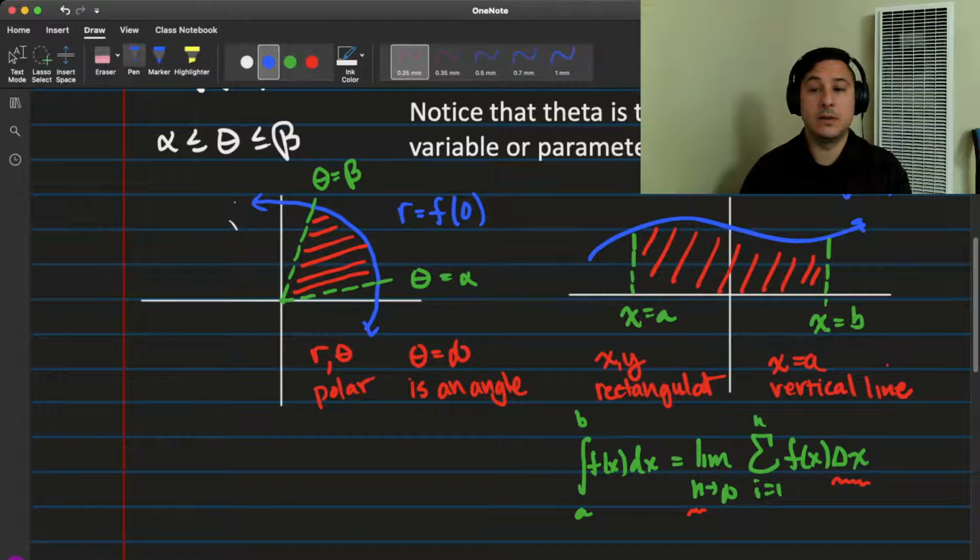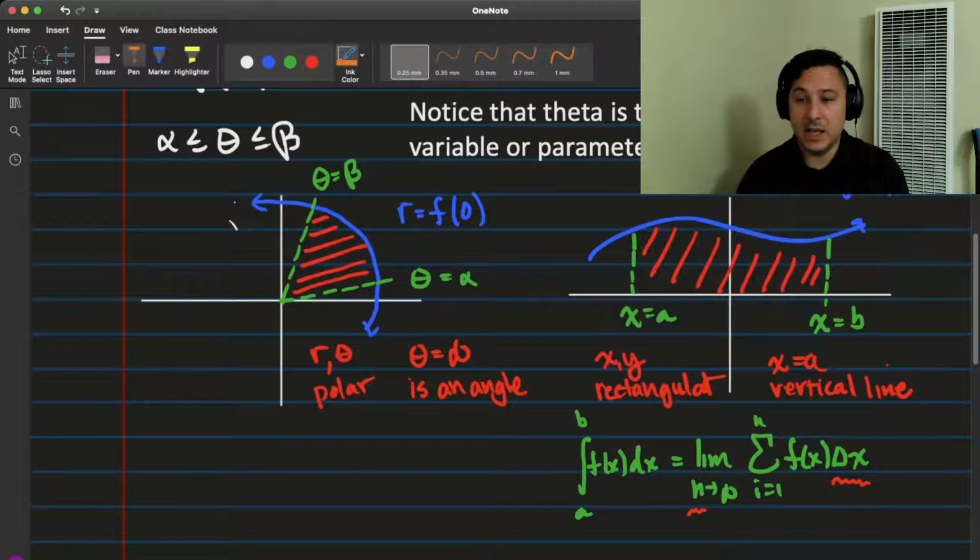Really close. So let's change my color. You're going to add together some rectangles, right? The heights will be determined by the function. So I'm drawing them in orange.